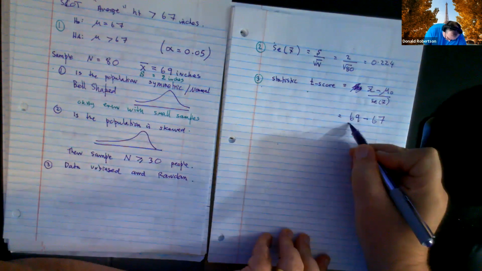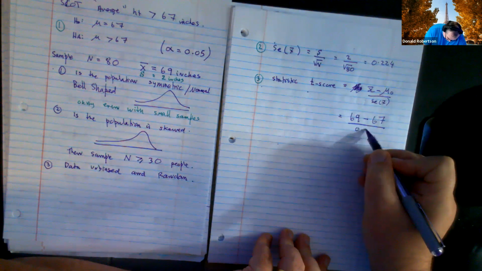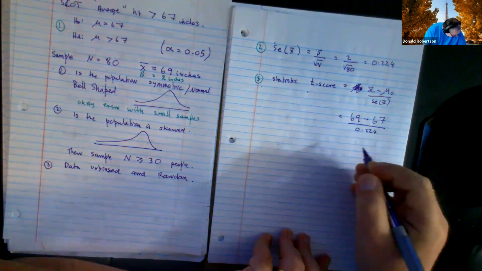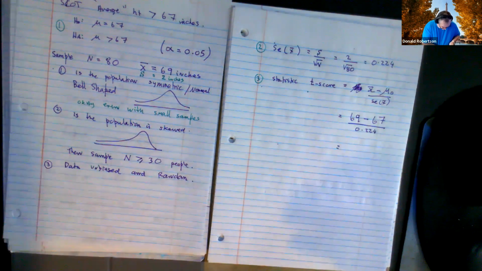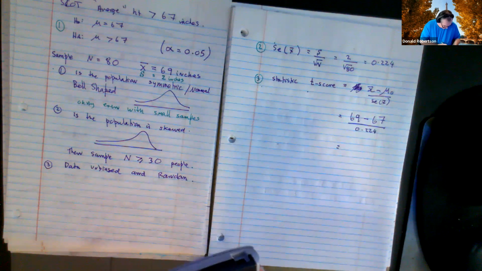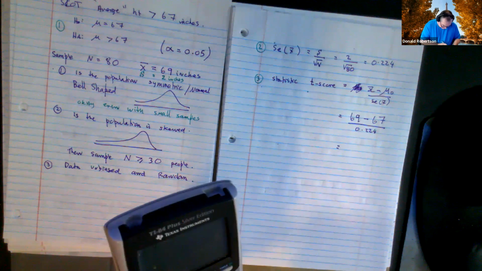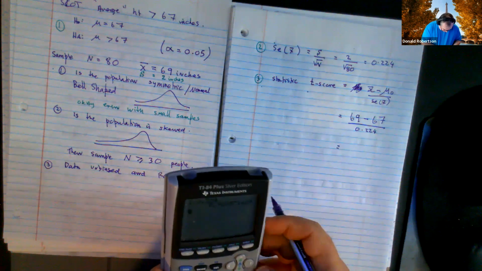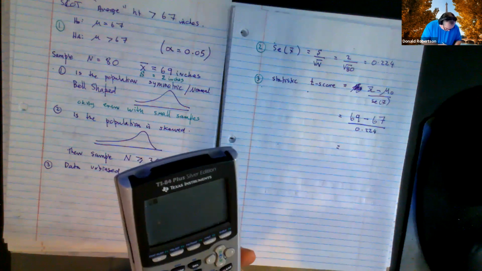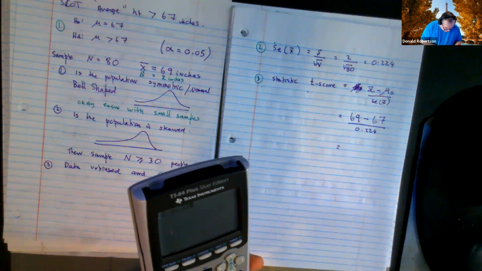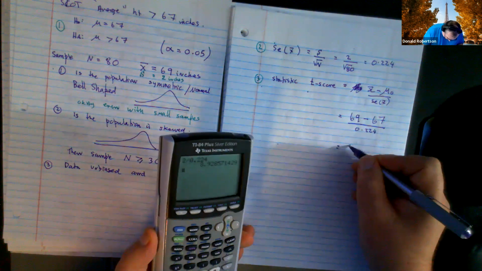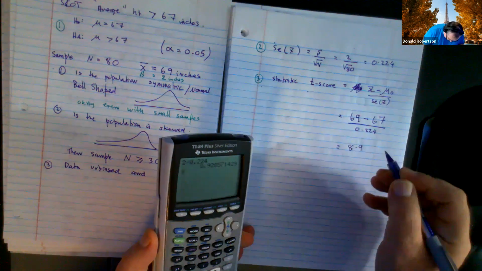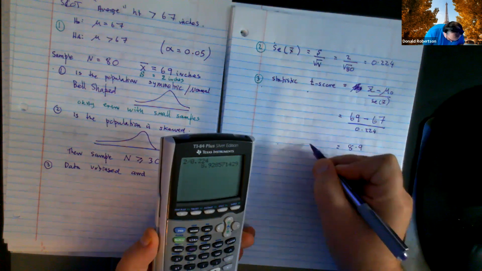And it's going to be divided by 0.224. At this point, I would just go to my calculator and do 2 divided by 0.224. And the answer I got is 8.9, which is pretty decent size.